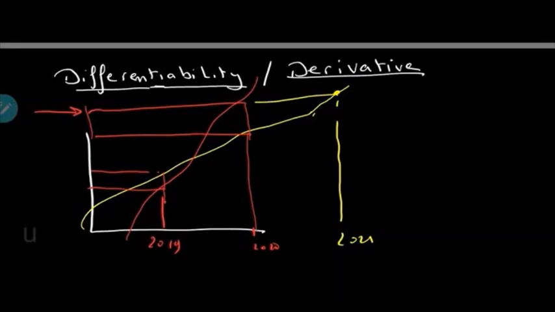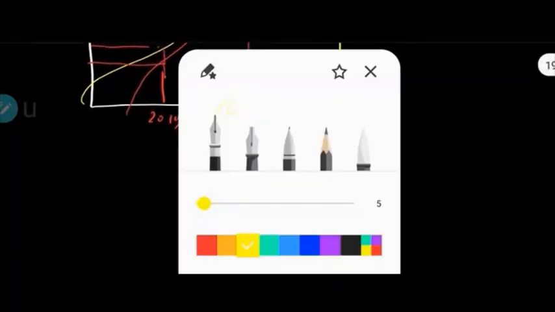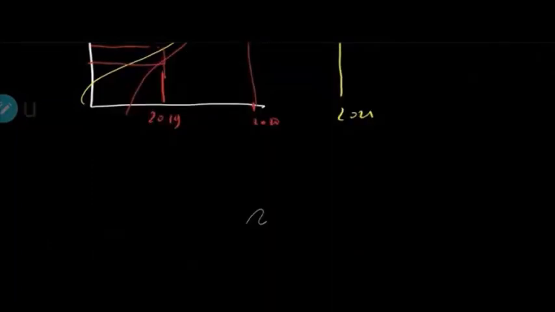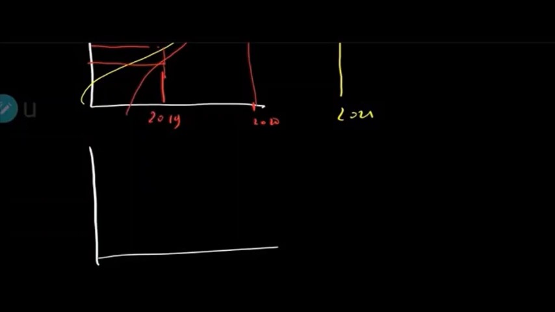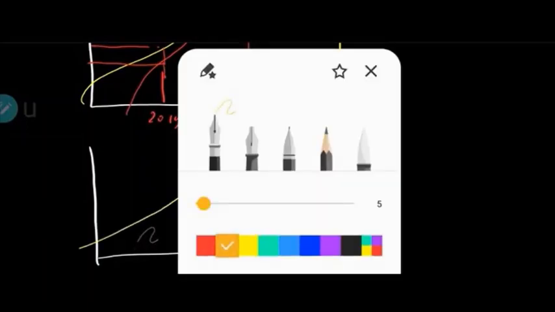So let me take another example. If I take now these two graphs, the first one is going like this and the second one is going like that.